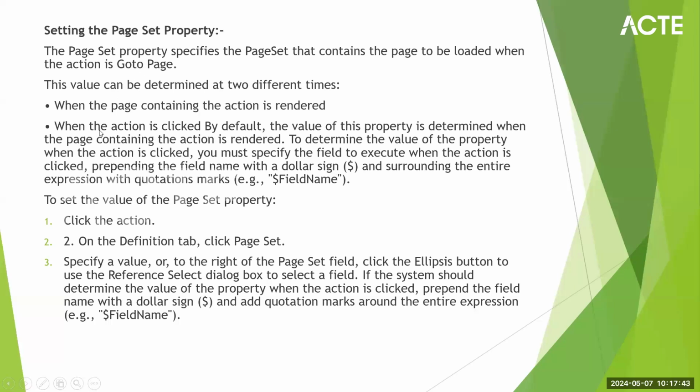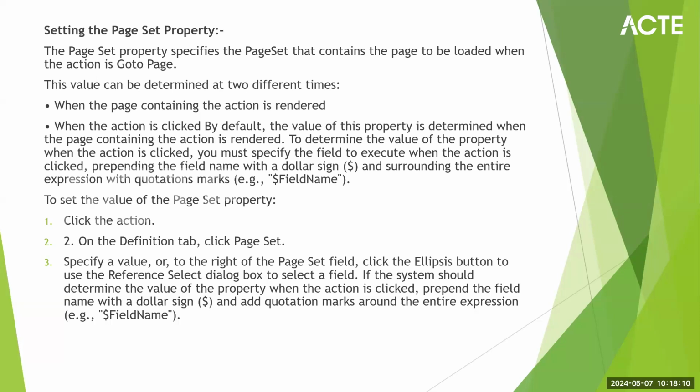By default, the value of the property is determined when the page containing the action is rendered. To determine the value of the property when the action is clicked, you must specify the field to execute when the action is clicked, prepending the field name with the dollar sign and surrounding it with the expression quotation marks.